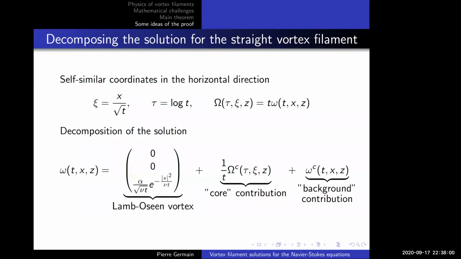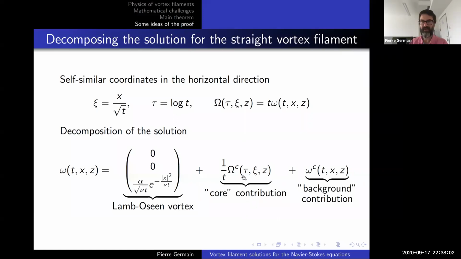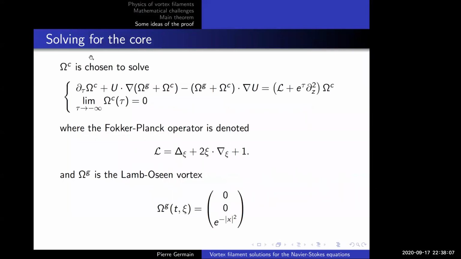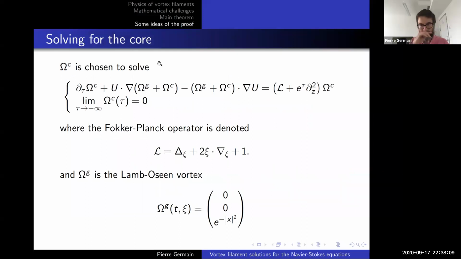Okay, so we're going to solve separately for these pieces. As far as the core filament goes, it solves this equation. So what does this equation mean? Let us unpack it. Omega c is the vorticity close to the filament in self-similar variables. Omega g is the piece coming from the Lamb-Oseen vortex.